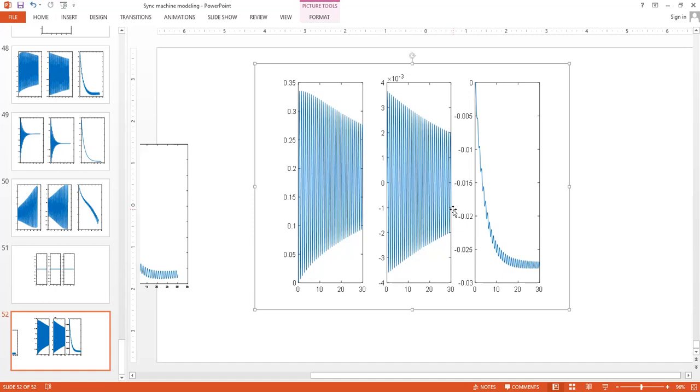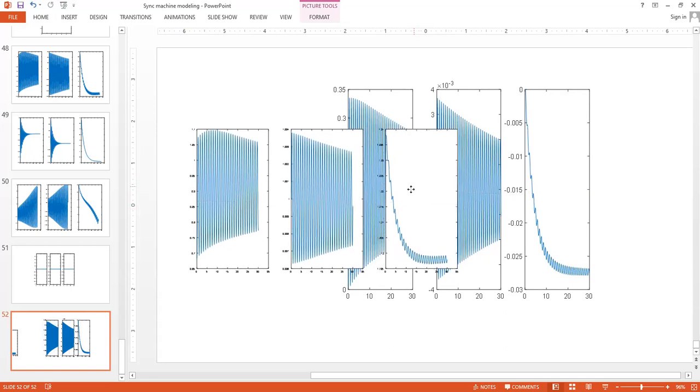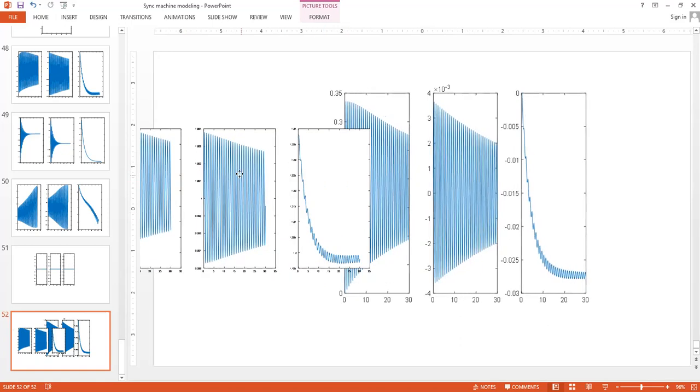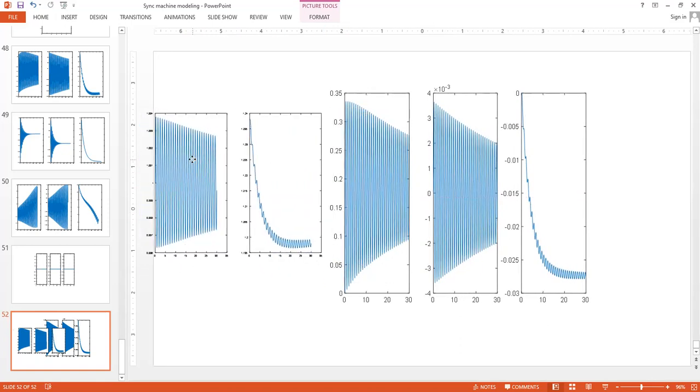So what we can do, we can take this linear model over here. The response of the linear model is almost identical to this one, except there is some rise at the initial part here. But other than that, they are almost identical.